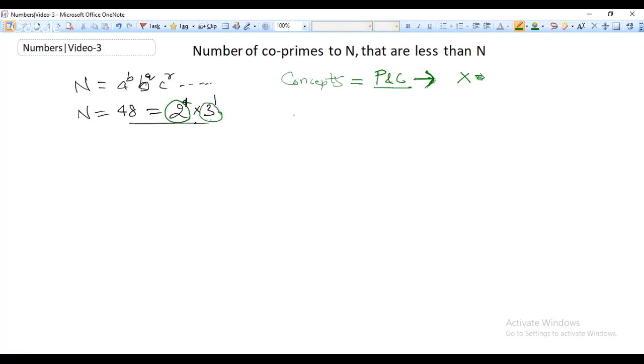So what we need to observe is that one out of every two numbers would not be divisible by 2, would not have a common factor with 48, right? And we are using the PNC concept, and is what? Multiply sign.